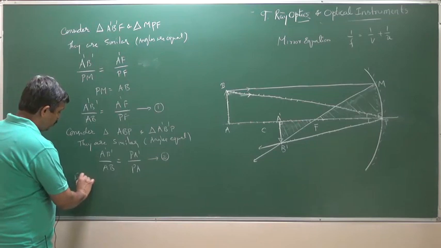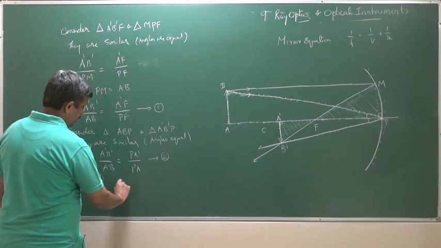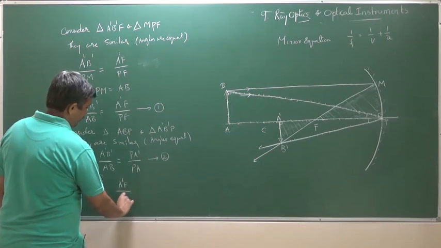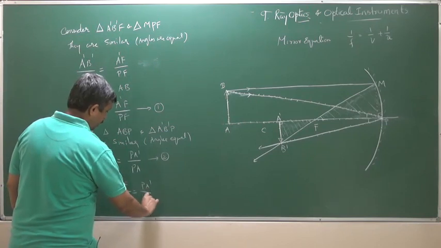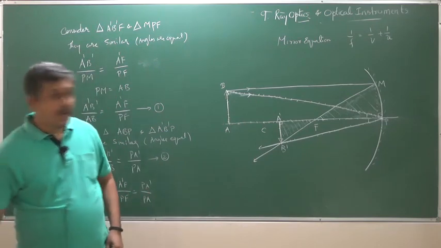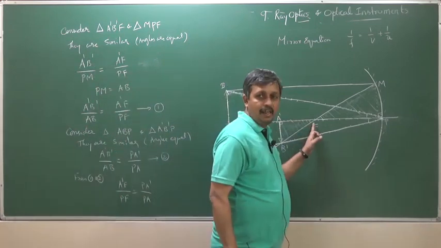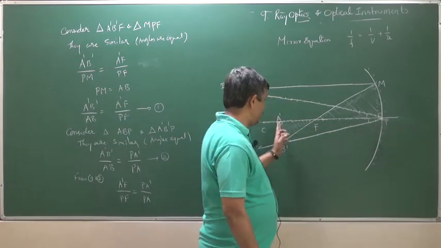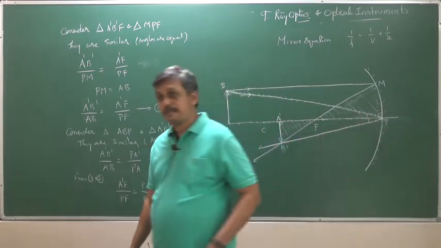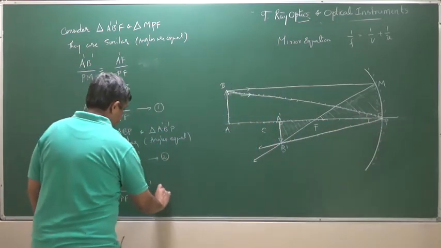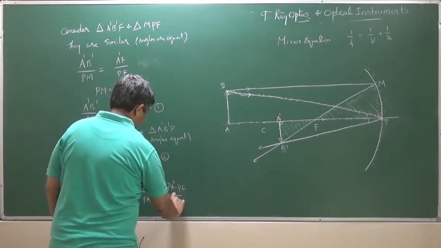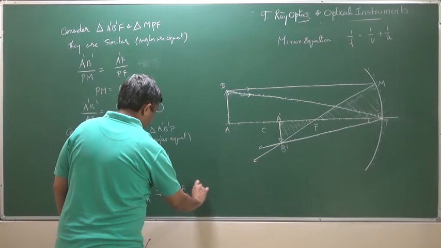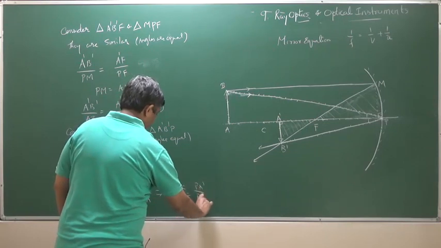So from 1 and 2, A dash F by PF is equal to PA dash by PA. I am going to write A dash F as PA dash minus PF. So PA dash minus PF divided by PF is equal to PA dash by PA.